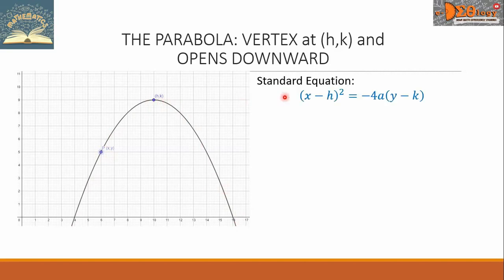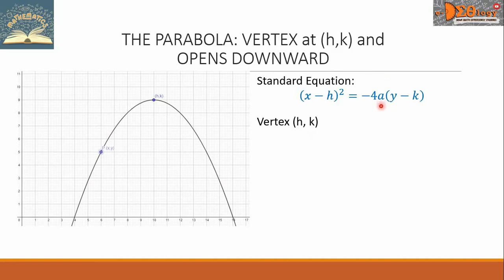The standard equation of this parabola is (x minus h) squared equals negative 4a times the quantity (y minus k). In this equation of parabola, we need the vertex, and we will substitute these coordinates in here and here respectively.